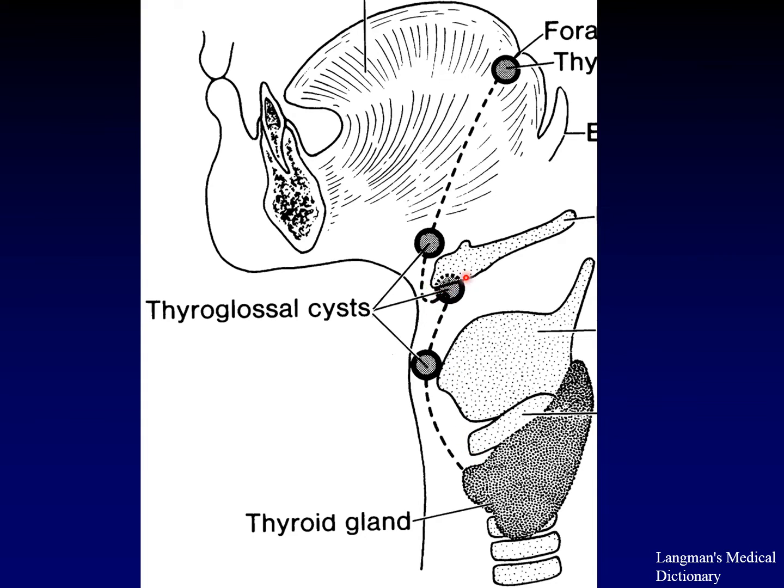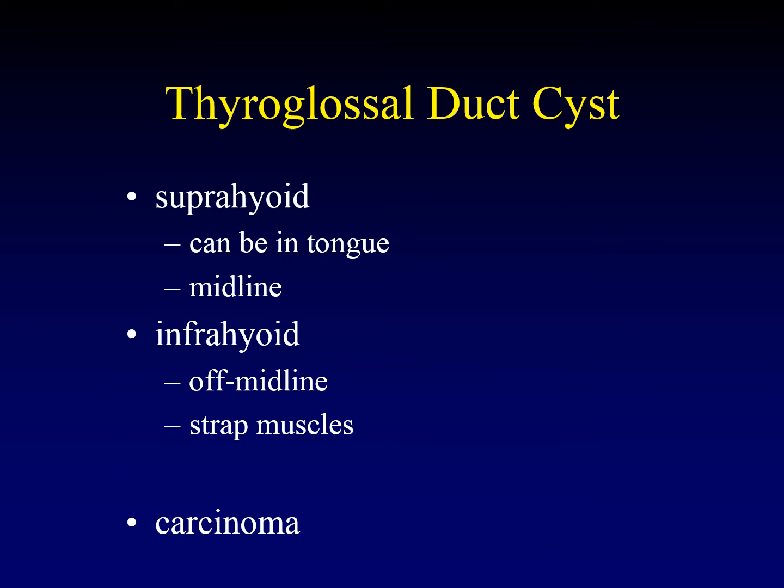Interestingly, once they're below the level of the hyoid bone, they tend to be just off midline, whereas above the hyoid bone, they tend to be right in midline because this is where it splits into its two lobes. Just to reemphasize that, suprahyoid thyroglossal duct cysts can be in the tongue and they tend to be midline, whereas infrahyoid thyroglossal duct cysts tend to be just off midline, not far, just off midline.